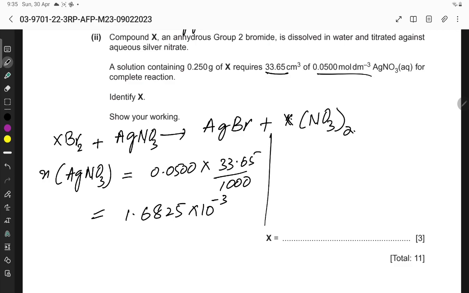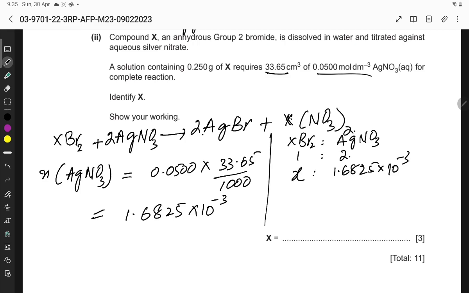Now balance the chemical equation: NO3 twice, 2 over here and 2 over here. So the mole ratio of XBr2 to silver nitrate is 1:2.